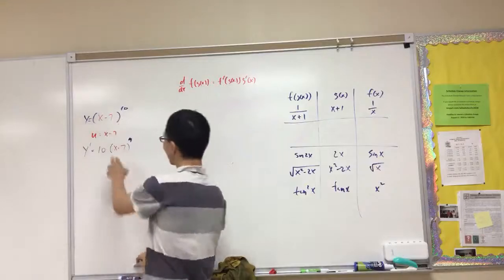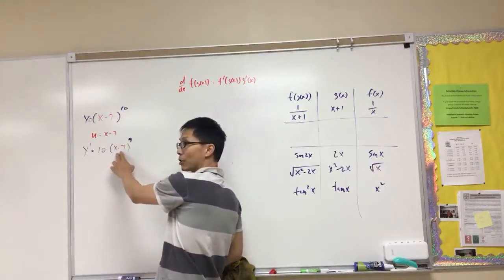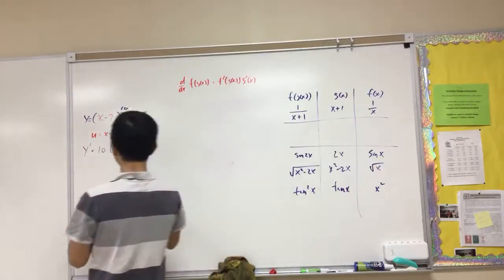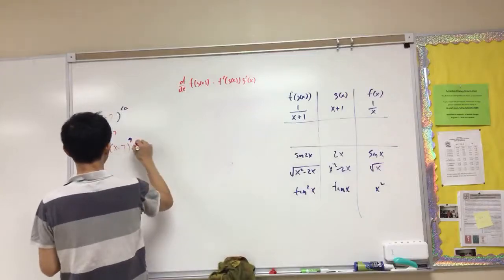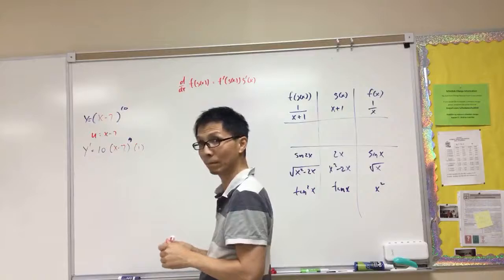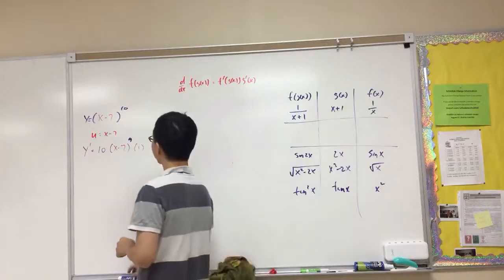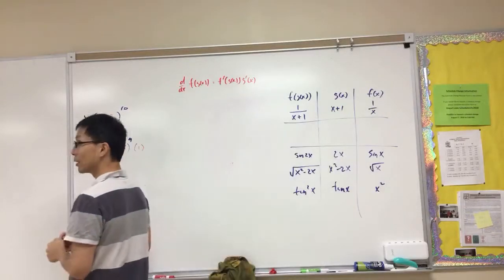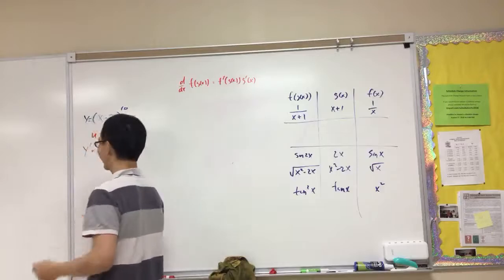And then I take a derivative of the inside x minus 7, which is 1. Does that make sense?